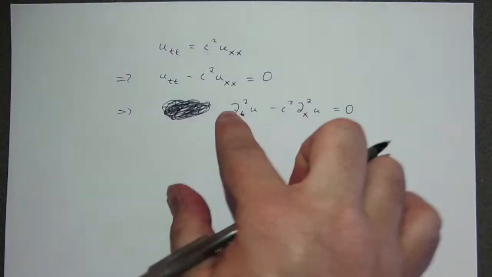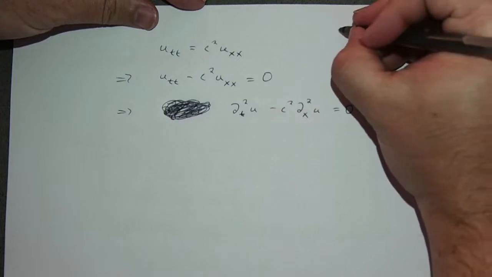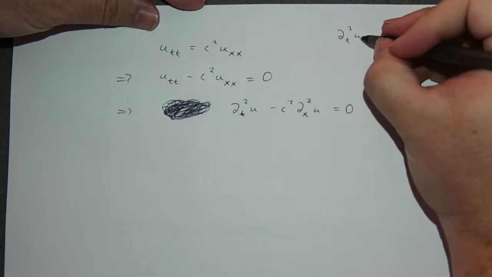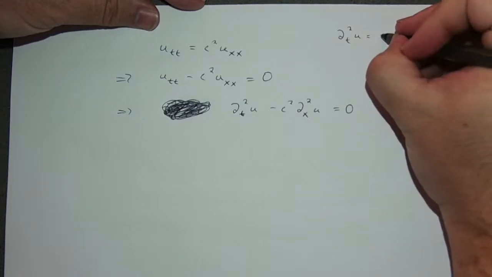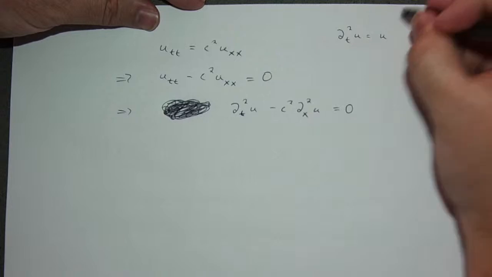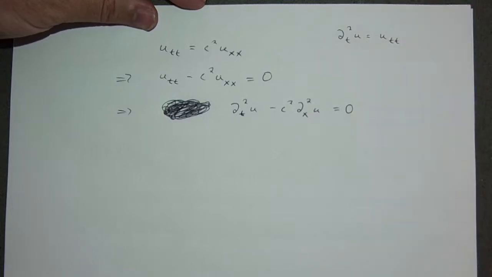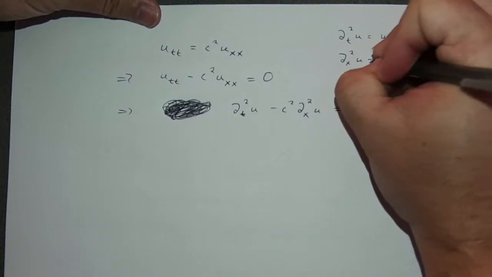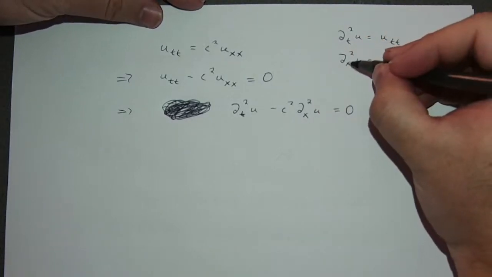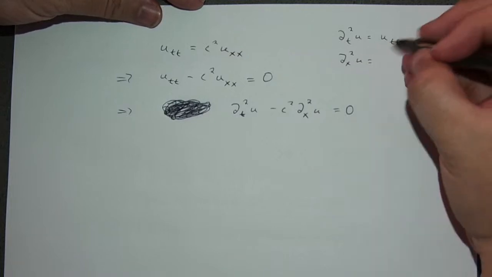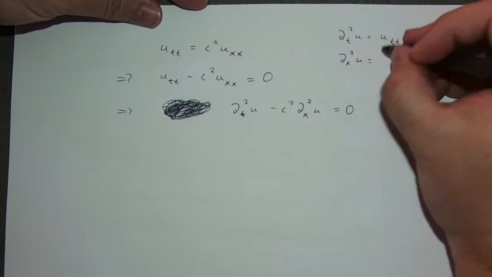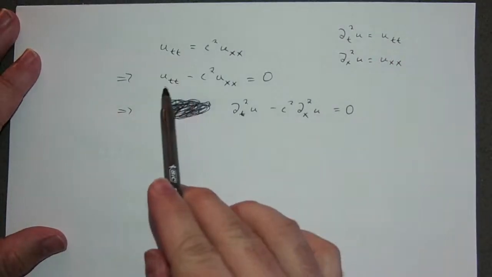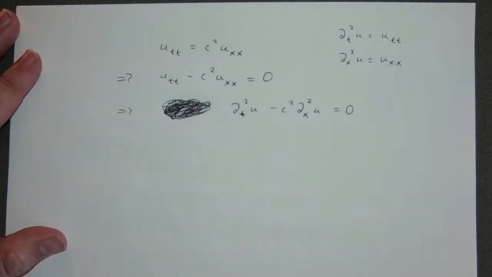And what I've done here is set up this notation so that del sub t squared of u takes an unknown function u and takes its t partial twice consecutively, just like del sub x squared u takes an unknown function u and partially differentiates it twice with respect to x. So with that notation defined, yes, this is exactly the same as this.